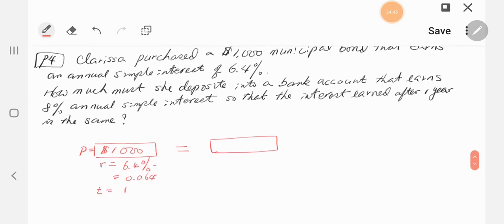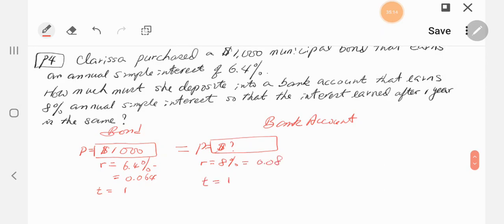Then, for the bank account, the left side is the municipal bond. For the bank account, I don't know the principal. We have to find the principal, right? But the rate is 8%, which is 0.08, and the time after 1 year is 1.